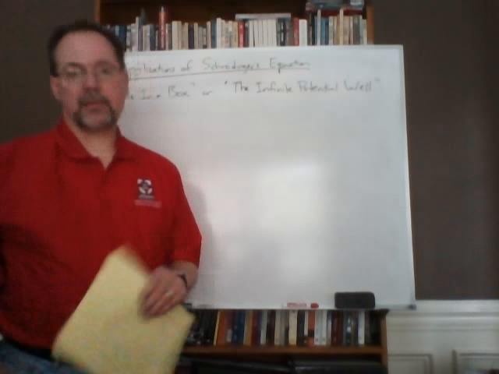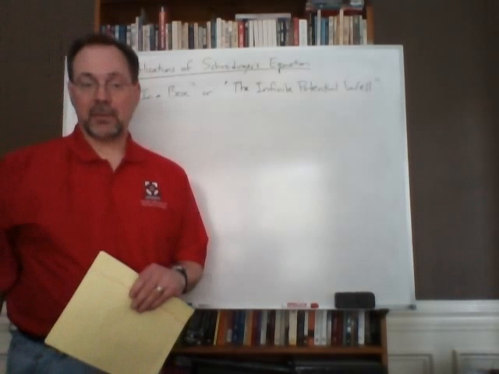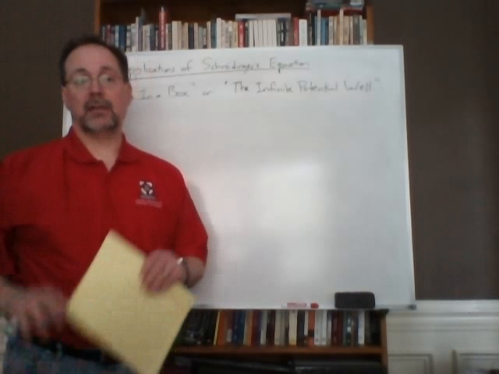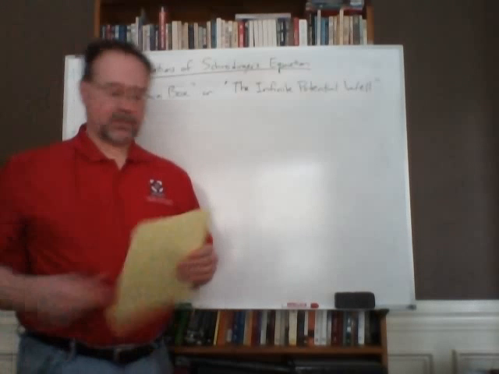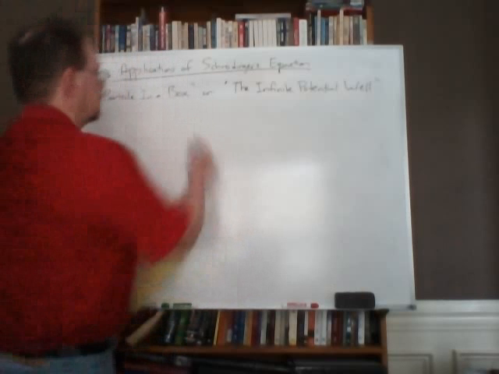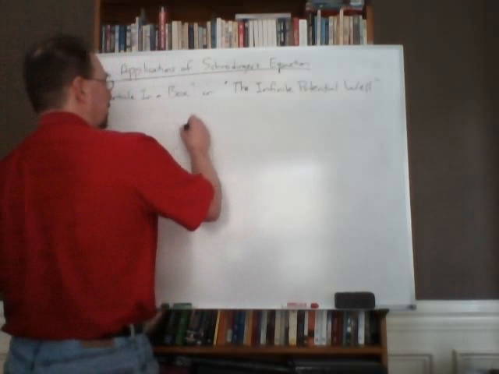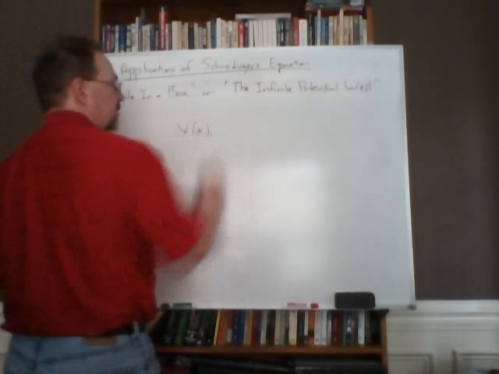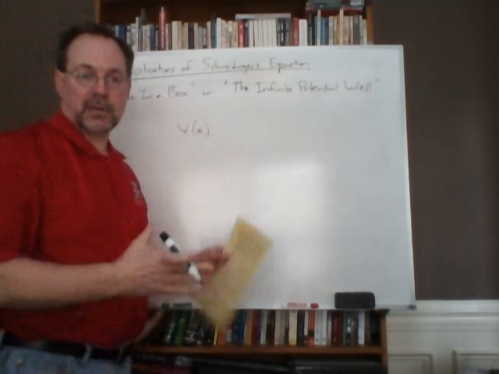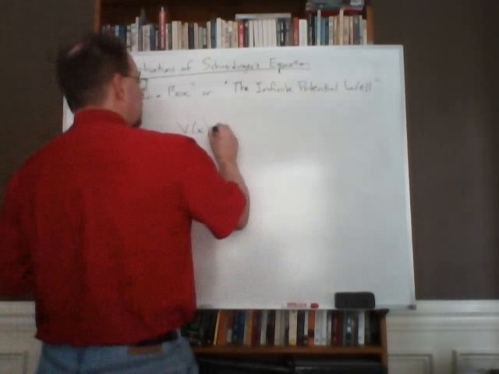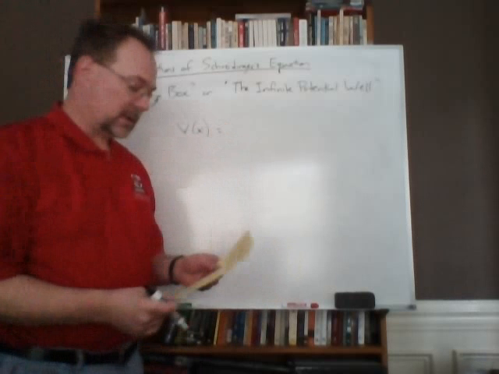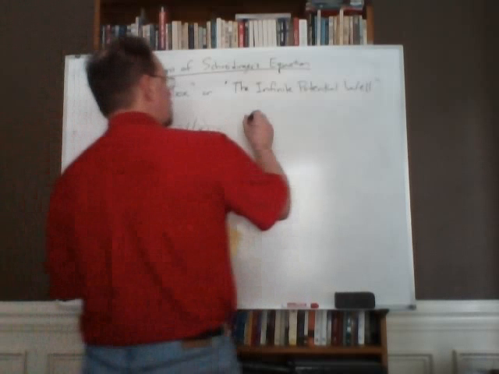But here we're going to have a small box, a box that is small enough that the boundary conditions are going to have a major effect on the wave function. So now, as we've said before, the potential energy function is going to determine what psi looks like. So now our potential energy function, we're going to take it in this way.